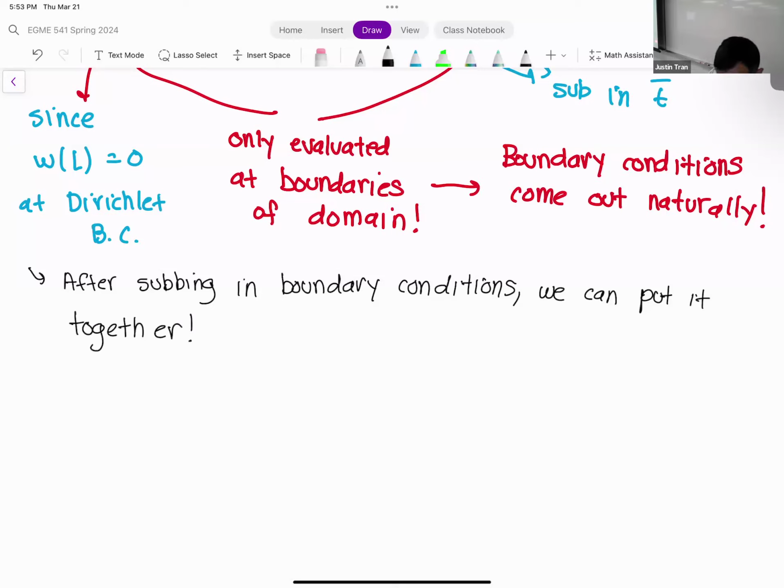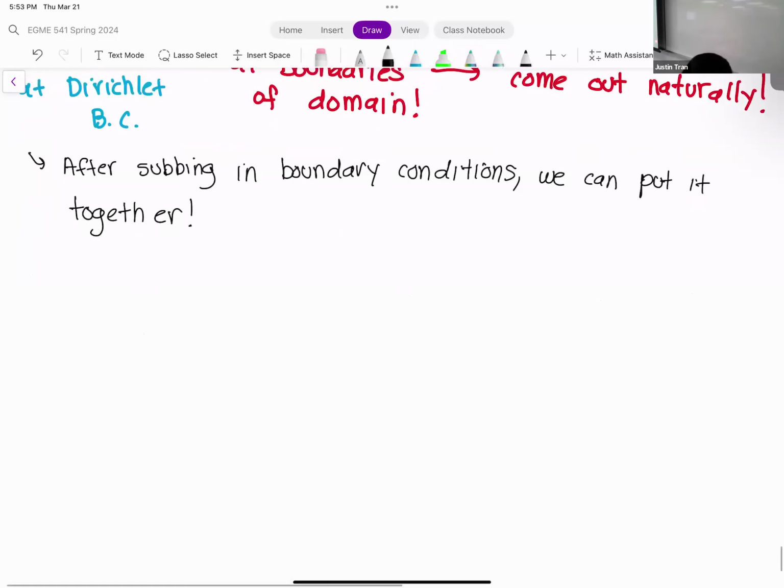So the weak form of this particular problem is the following. We have our Neumann boundary conditions.